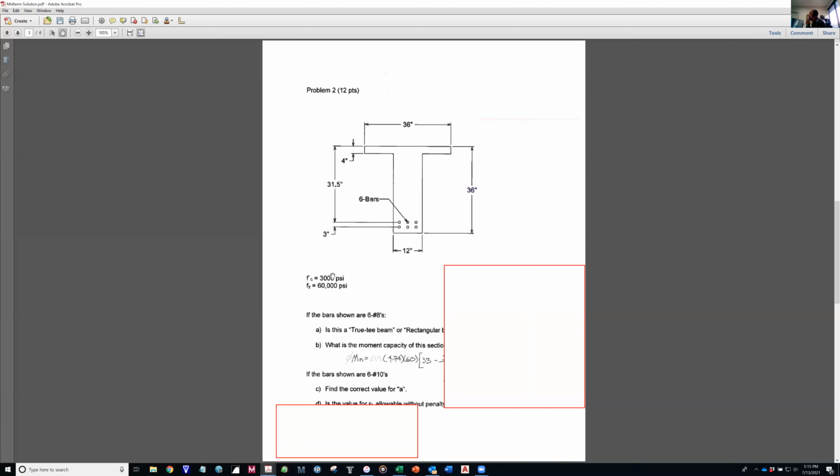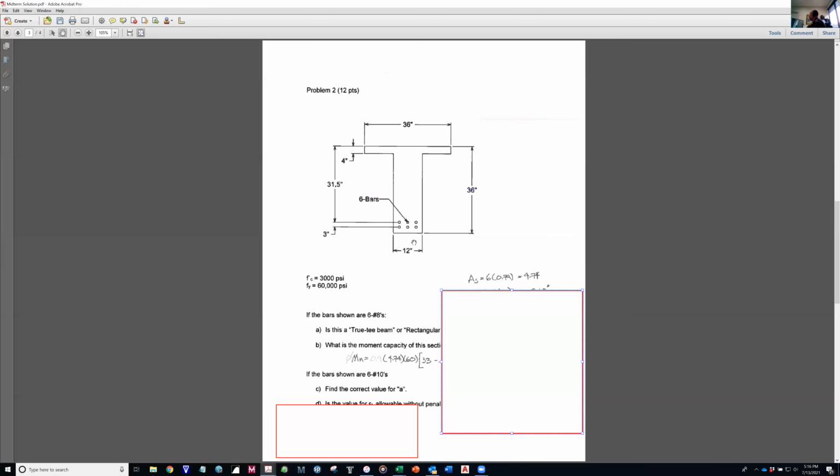And concrete's 3,000, yield is 60,000, and I just defined it as 6 bars. So then I say, if the bars shown are 6 number 8s, then is this a true T-beam or a rectangular beam? That's the question you need to answer.